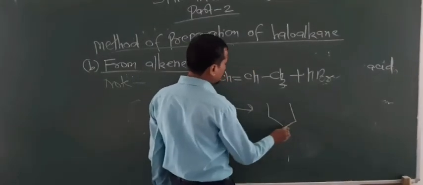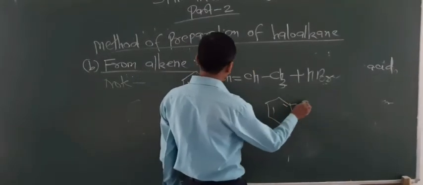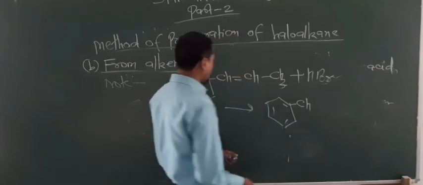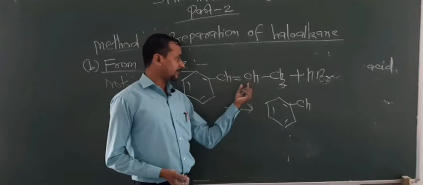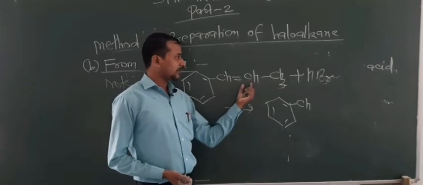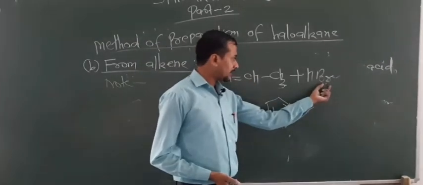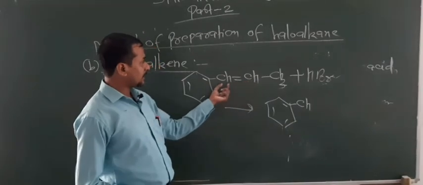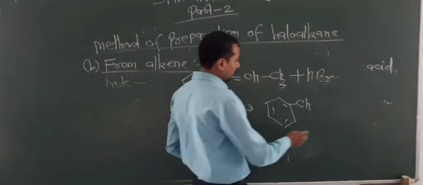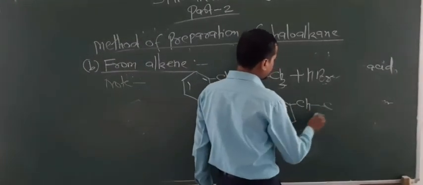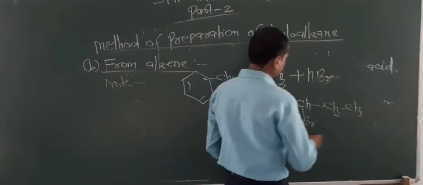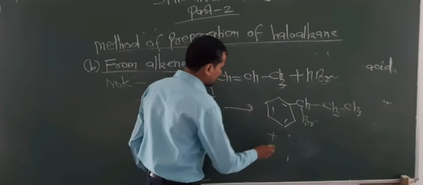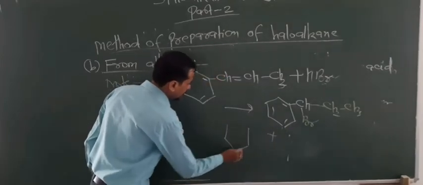Your answer is like this: look here, both the C contain double bonds and have the same number of H. In that condition Br can attack either this carbon or this carbon. So according to Markovnikov rule, this will give two products, one like this and one product like this.